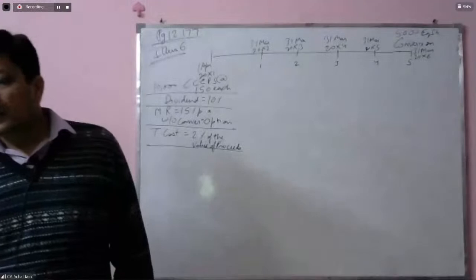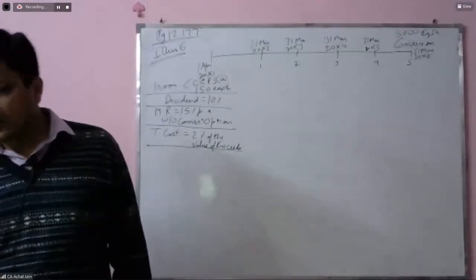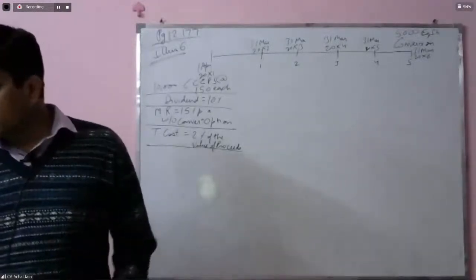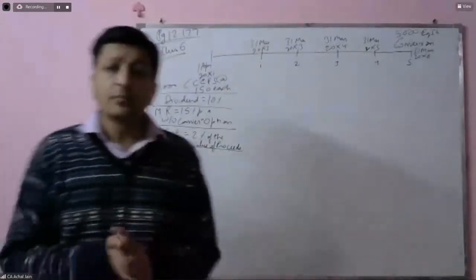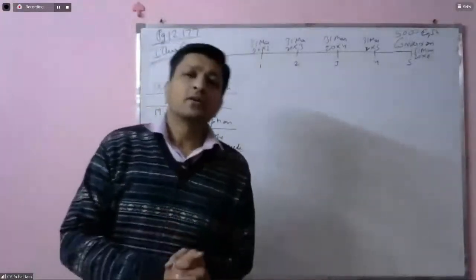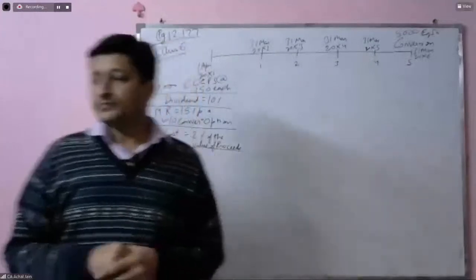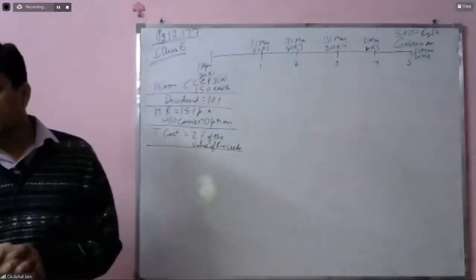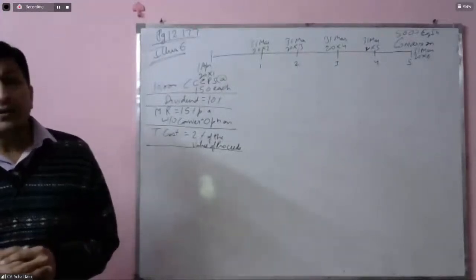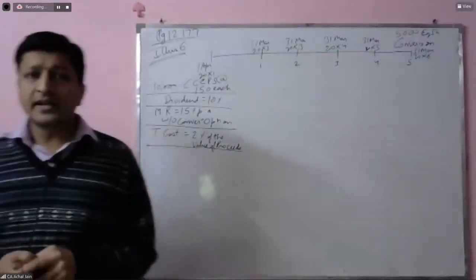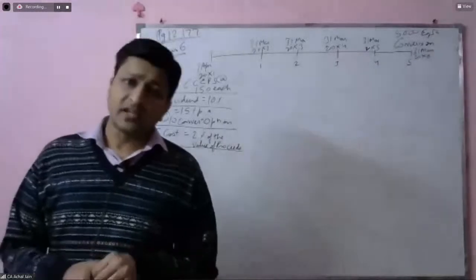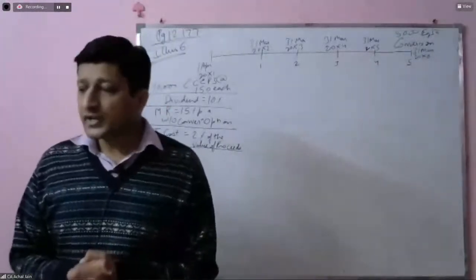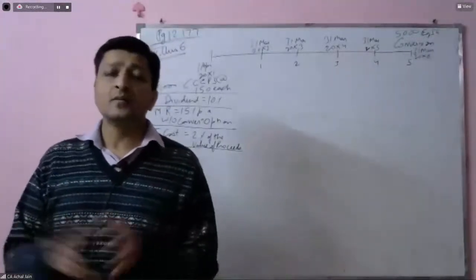And the EIR is also available. Once again, this will be your query: how do we compute it? Yes, today we will get onto this computation also. EIR is also available, 15.86%. You are required to compute the liability and equity component, if any, and pass the journal entries for the entire term of arrangement.